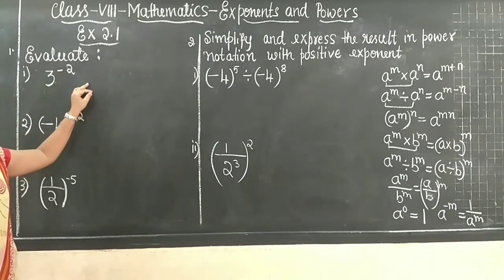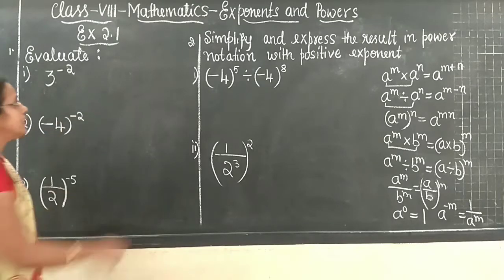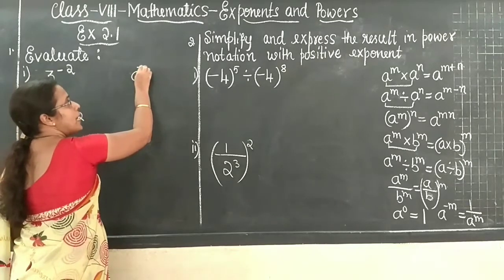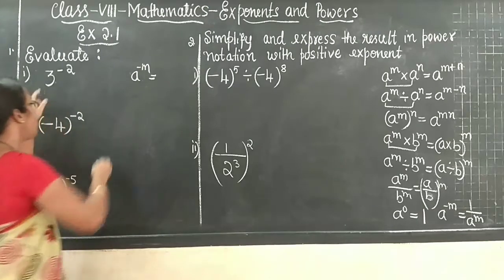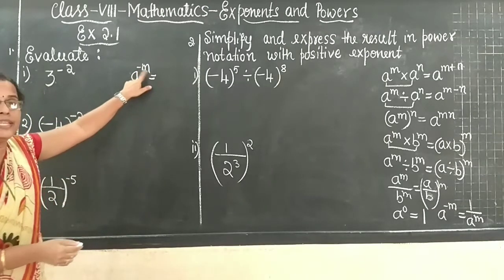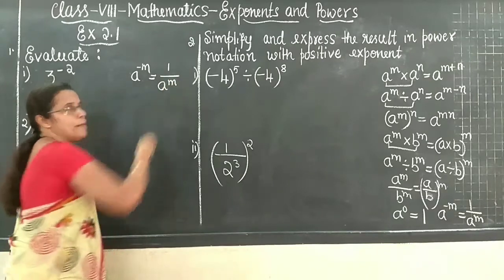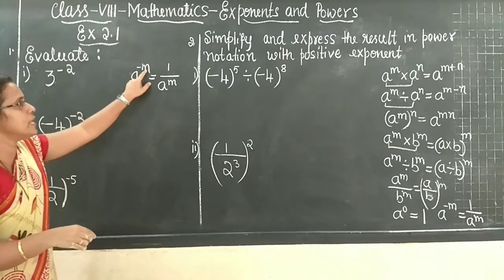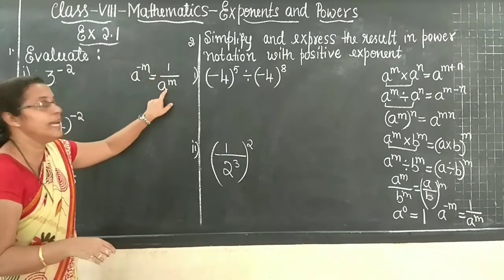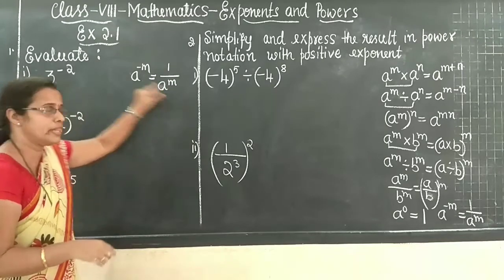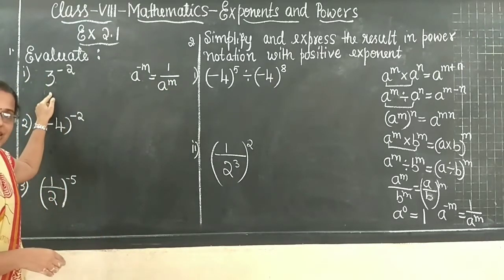Which formula is included in this? That is a to the power minus m, which is equal to 1 by a to the power m. Same method, can I use that here, children?